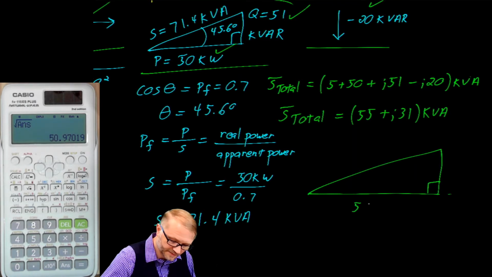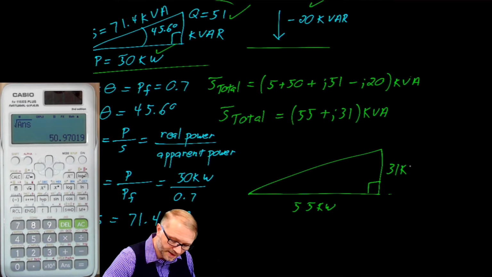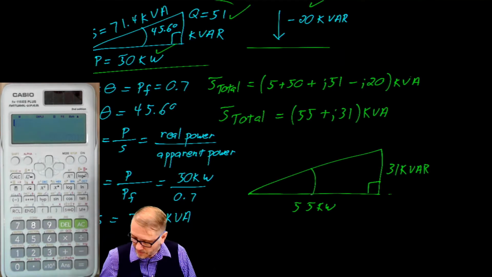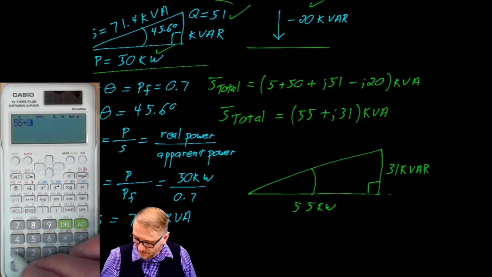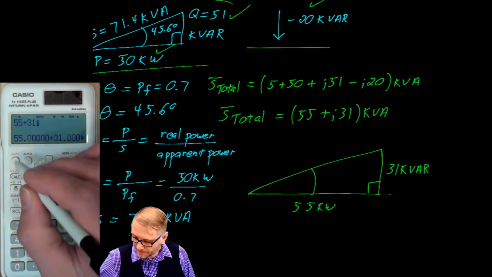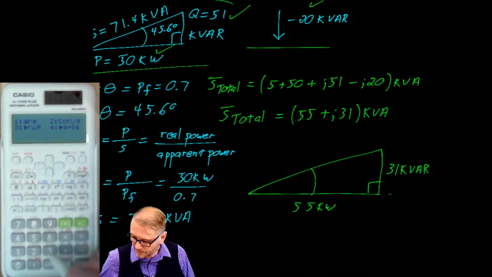The complete power triangle looks like this. We have 55 kW and 31 kVAR. If you want, you can use your calculator to solve for the rest of that triangle. So 55 plus 31J equals, and then shift it over to polar form.